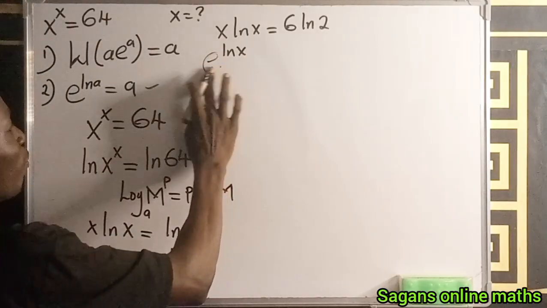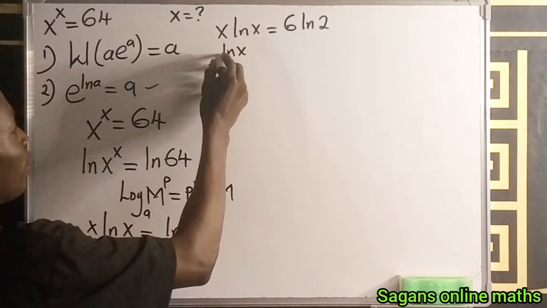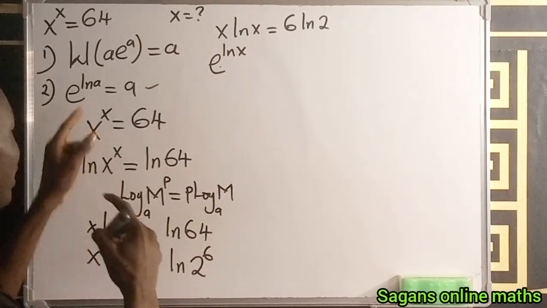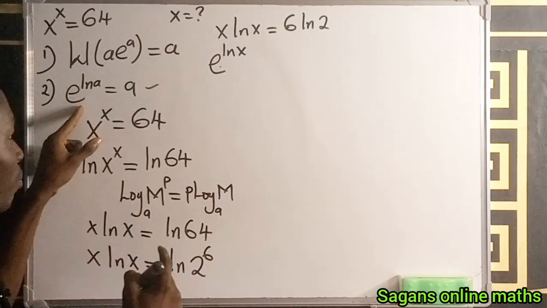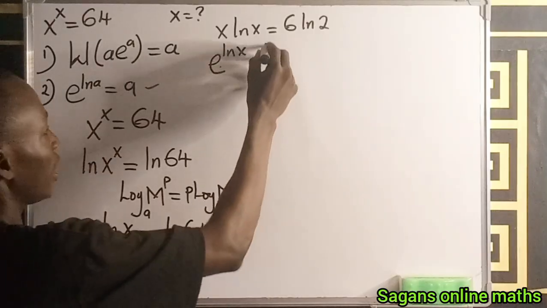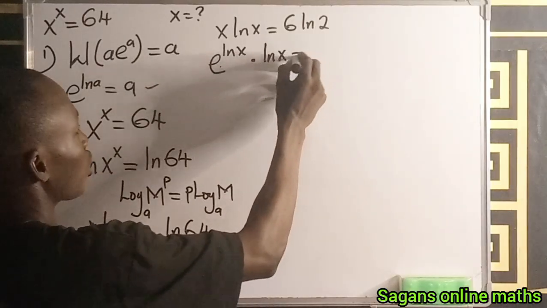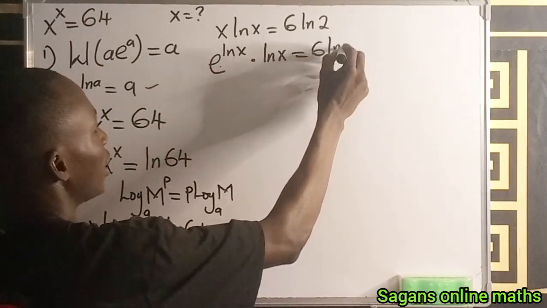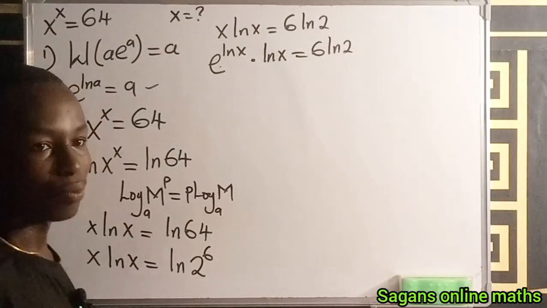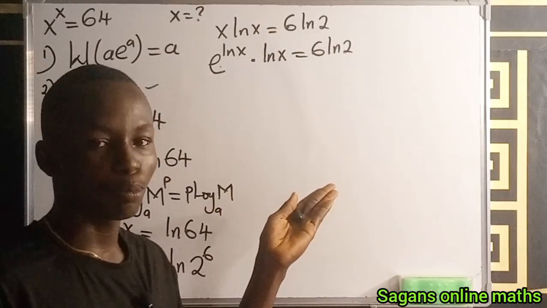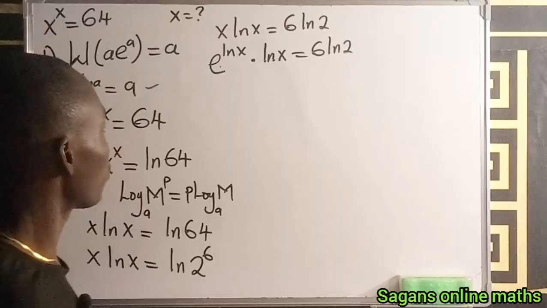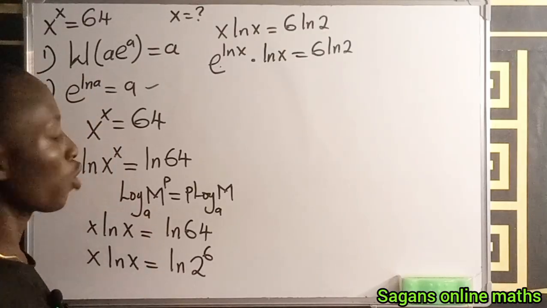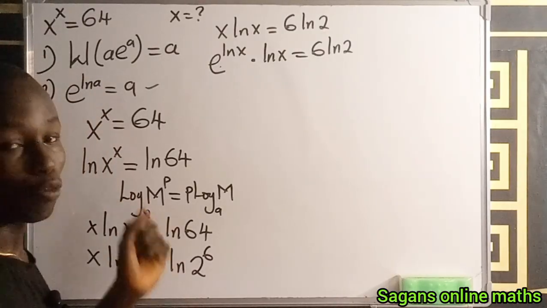Now e to the power of ln x simply means x, by obeying these properties of logarithm. Then multiply by ln x is equal to 6 ln 2. Wow, this is amazing. Can you see how simple and interesting it is? At this point, we are going to obey the second fundamental function.